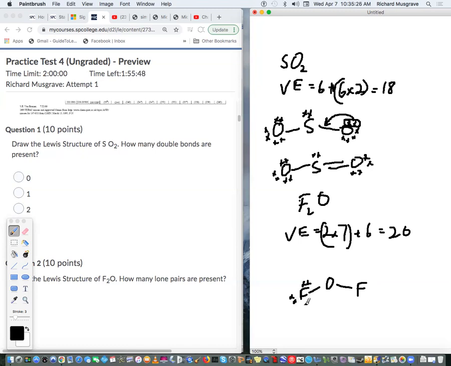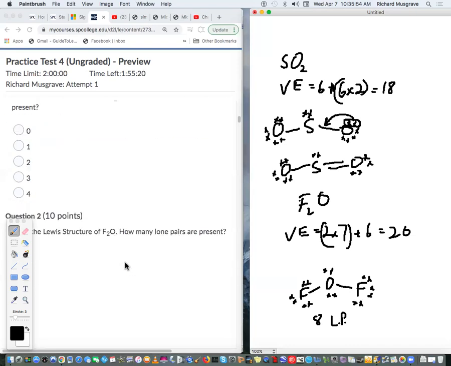I put enough electrons around the fluorines to give them 8. That means I've used 16 so far. That's 18 and that's 20. So everything's satisfied. There's no need for any double bonds. This would have a total of 8 non-bonding electron pairs or 8 lone pairs. All right. Anybody got any questions? Okay.